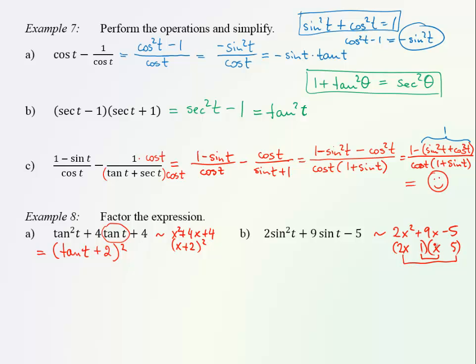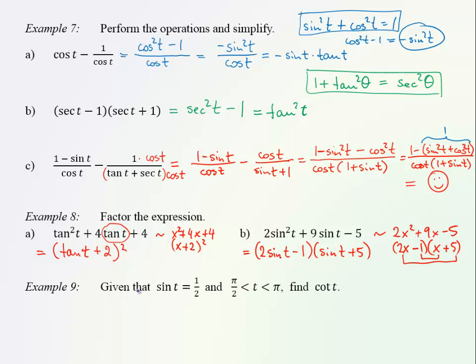So inner product is 1x, outer is 10x. We want to have the overall plus 9, so we'll make plus 10x and minus 1x. That will make the factorization. So let's use this pattern, and instead of x, we're going to use sine. So this factors into 2 sine t minus 1 times sine t plus 5.